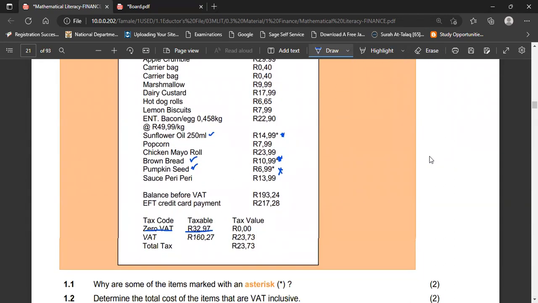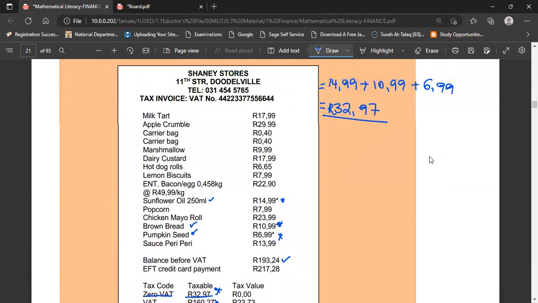Okay, then they might ask you how this value was got. Now, this is the total price of goods with VAT. So simple, because already you see, before VAT, we have this much. Simply meaning they have added this and this to give them this. So how was this got? All you do is add all these other items, or take 193,24 minus 32,97.